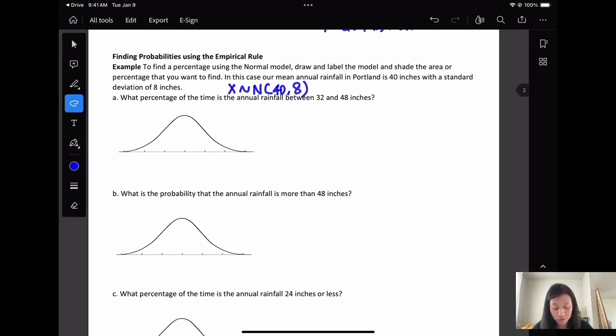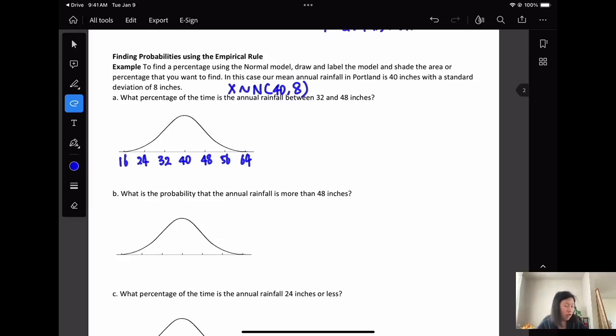And what percentage of the time is annual rainfall between 13.2 and 48? So we know that in the middle is 40. At 1 standard deviation, it will be 48 inches. At 2 standard deviations will be 56, and then 64. Subtracting 1 standard deviation is 32, then 24.